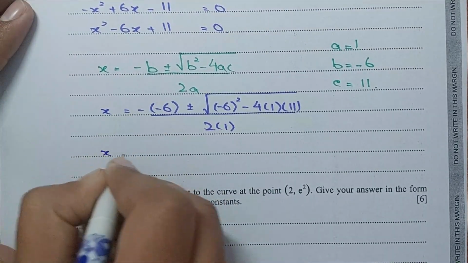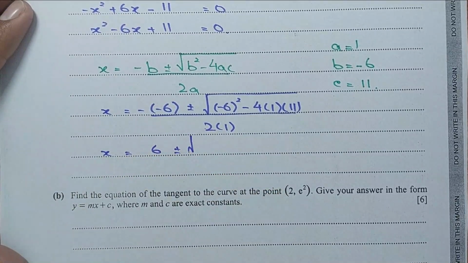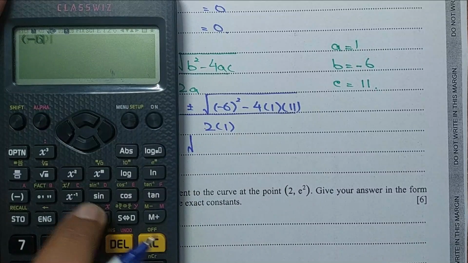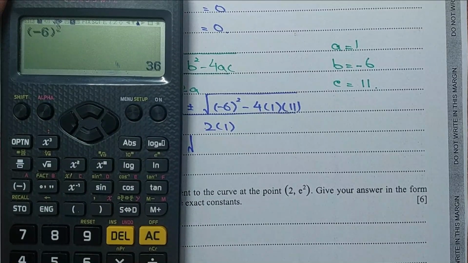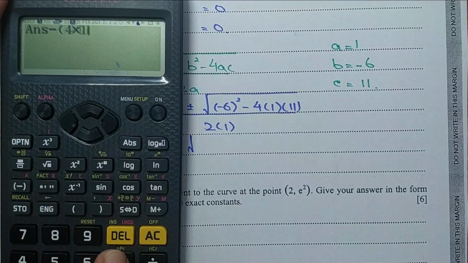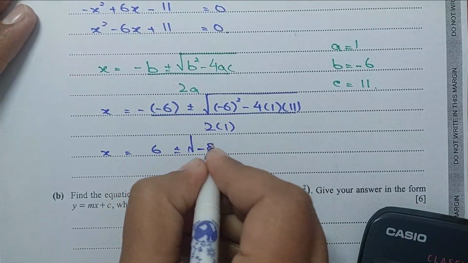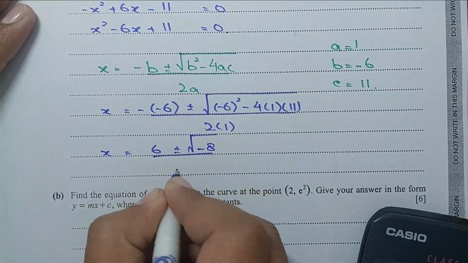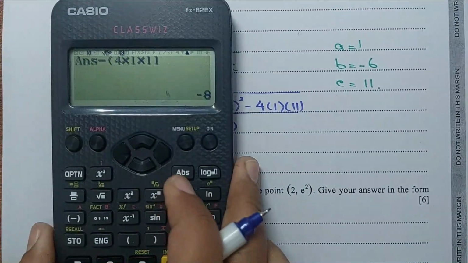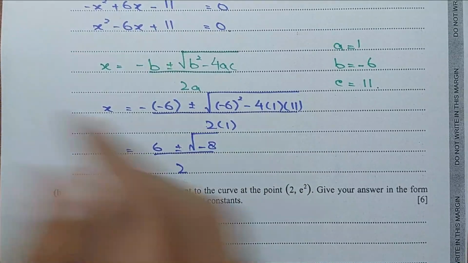Here x is 6 plus or minus the square root of, let me simplify, negative 6 squared is 36, minus 4 times 1 times 11, which gives minus 8, over 2 times 1, which is 2. So the root of negative 8 does not exist. Root of negative 8, no solution, right?